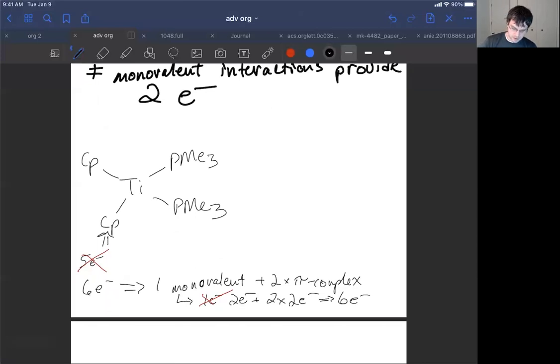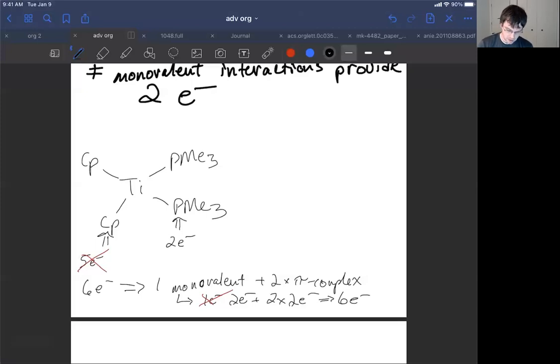The PMe3s continue to be 2 electrons because they're Lewis bases. So we have 2 PMe3s, which provide 4 electrons, plus 2 Cps, which provide 12 electrons total.